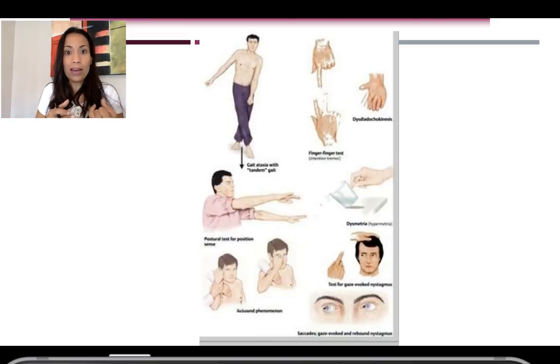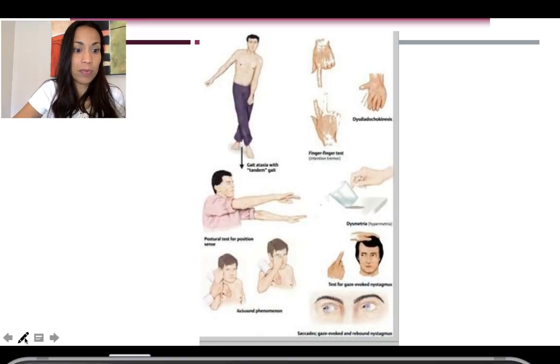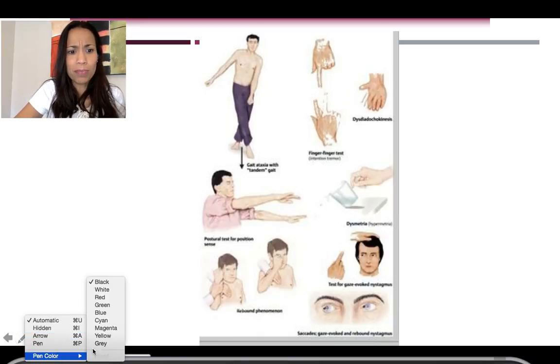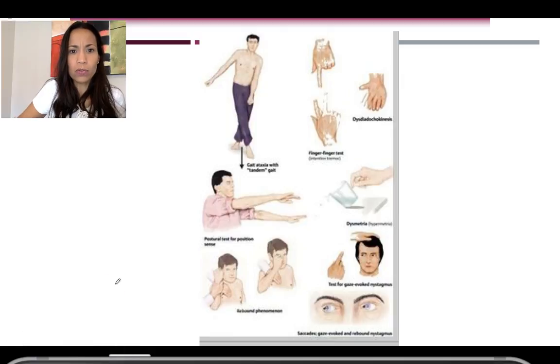So we are not going to be able to keep our balance or equilibrium. Just imagine a drunk person. How do they look? They're walking like that, right? Like they cannot walk a straight line.